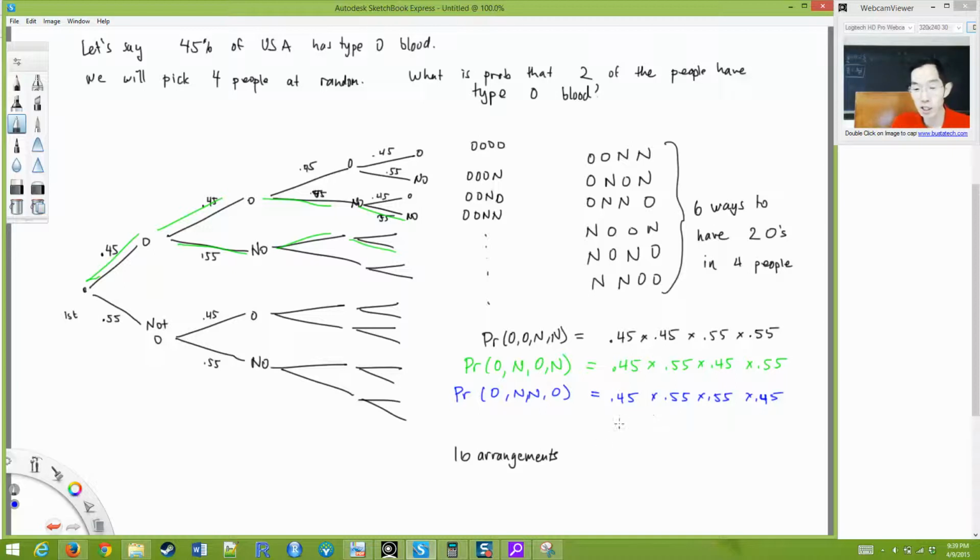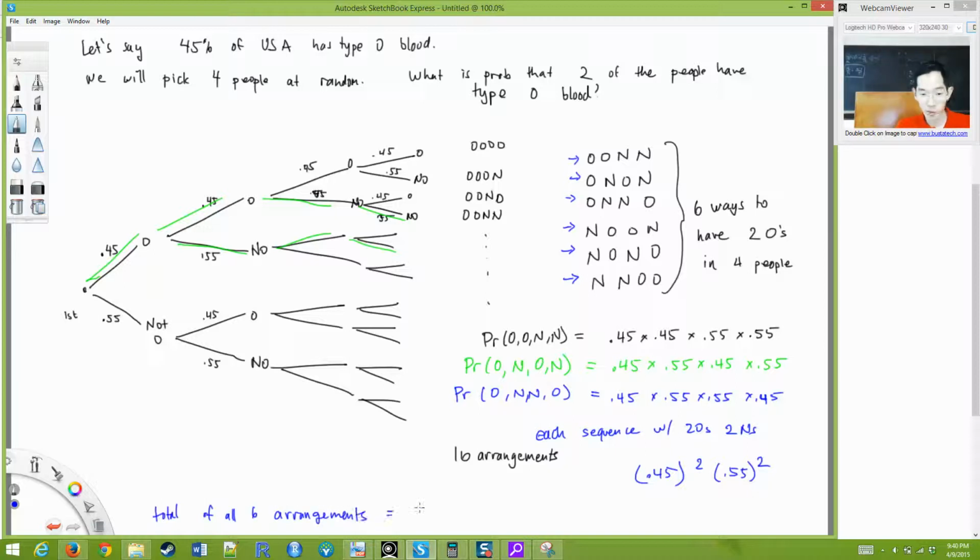So essentially each sequence with 2 O's and 2 N's is going to be 0.45 squared times 0.55 squared, right? So every single one of these will have the same probability. The total probability of all 6 arrangements will be equal to 6 times 0.45 squared times 0.55 squared.